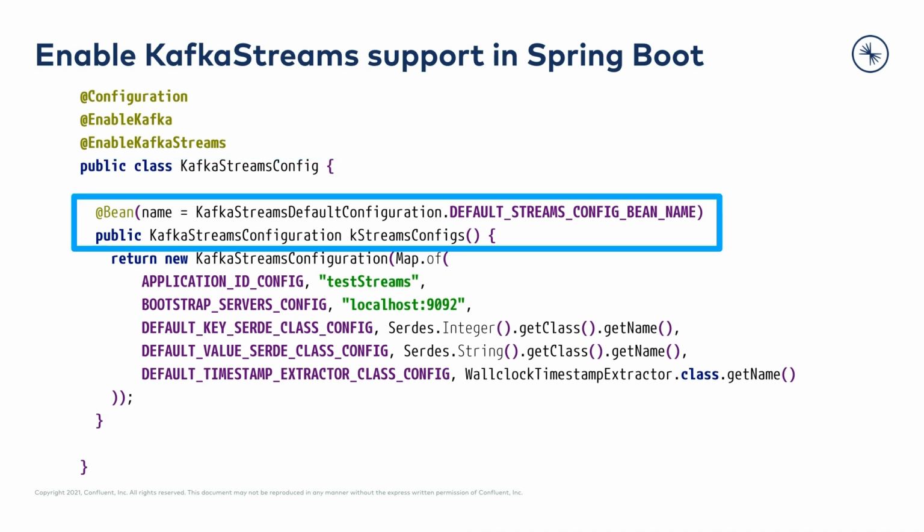In this bean that defines the configuration, you can provide a customized configuration for your Kafka Streams application. You can provide the application ID, bootstrap server, and connection details to the Kafka broker, or you can define this configuration in application.properties, and this Kafka Streams configuration bean would be created by default and will be available for instantiating the instances of the Kafka Streams application.